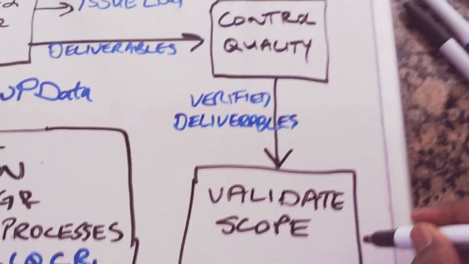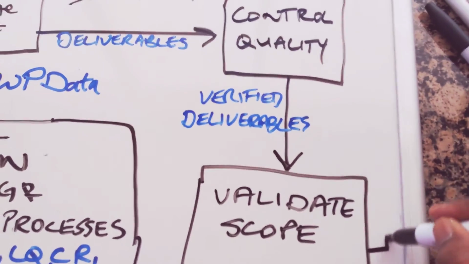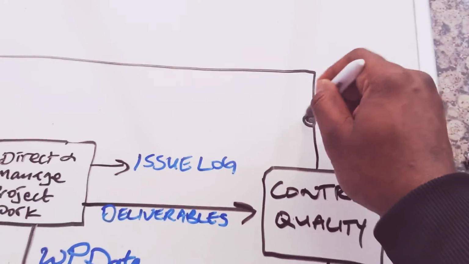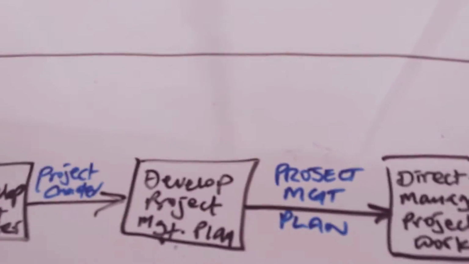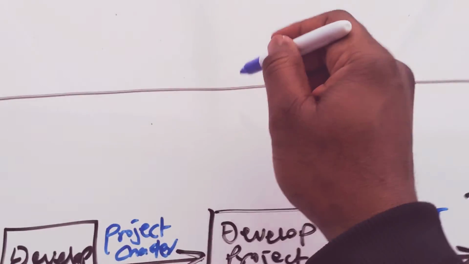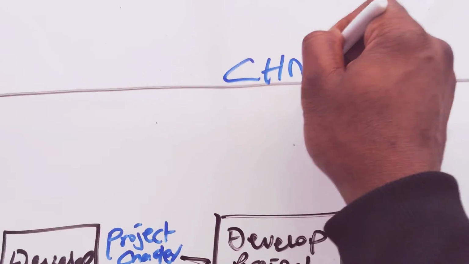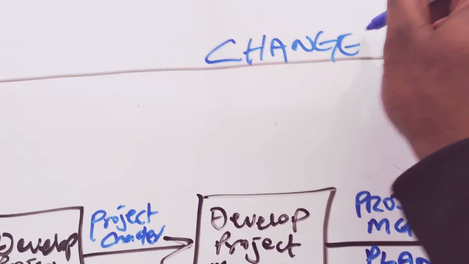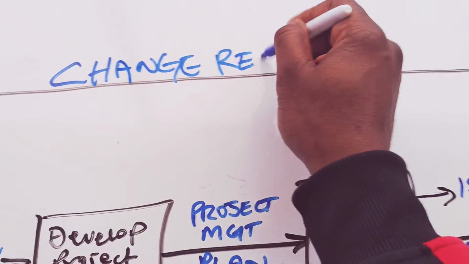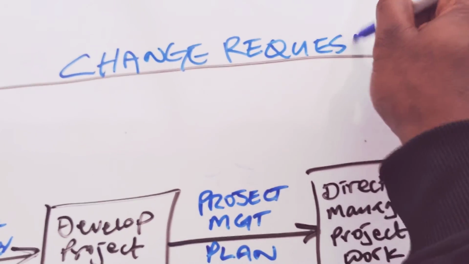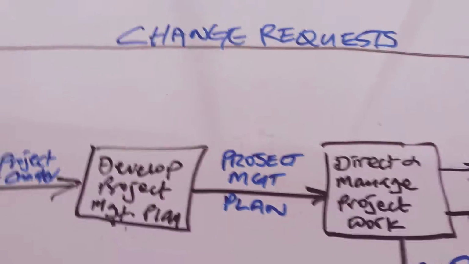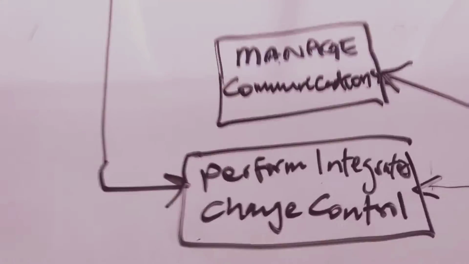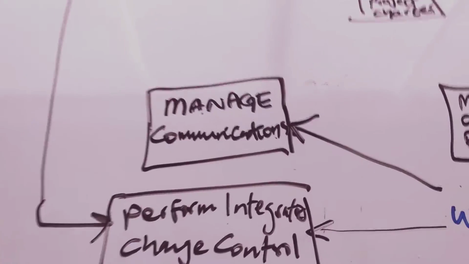And I could show you another line coming from here and hooking into it. And what is that? You guessed right. Change requests. Because a lot of your exam is going to have these change request things. The change requests, they all go into perform integrated change control.